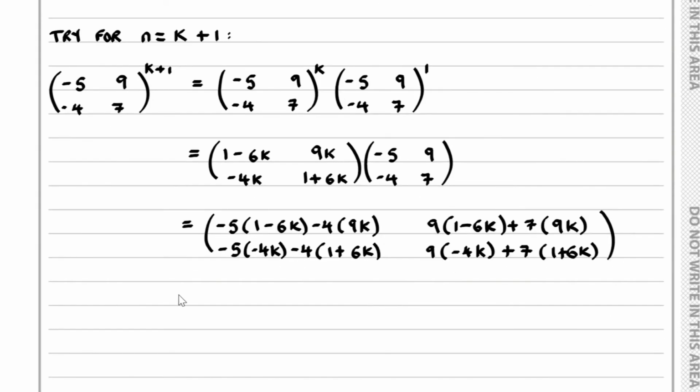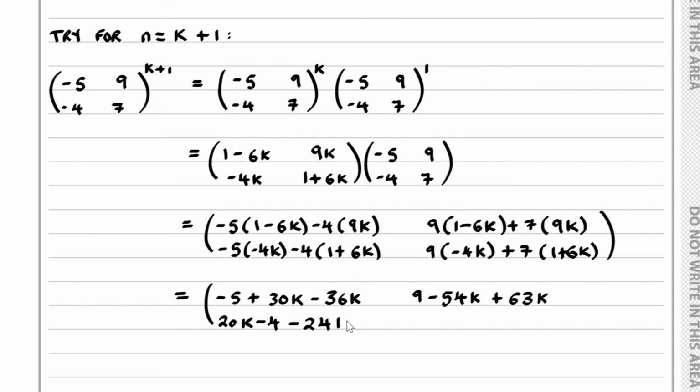So now if I expand all of this out, well, I've got minus 5 plus 30k minus 36k, and then here I've got 9 minus 54k plus 63k, and then here I've got 20k minus 4 minus 24k, and then here I've got minus 36k plus 7 plus 42k.